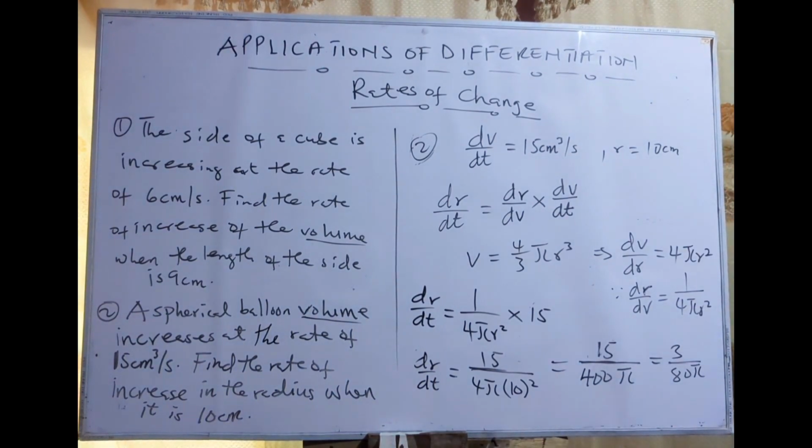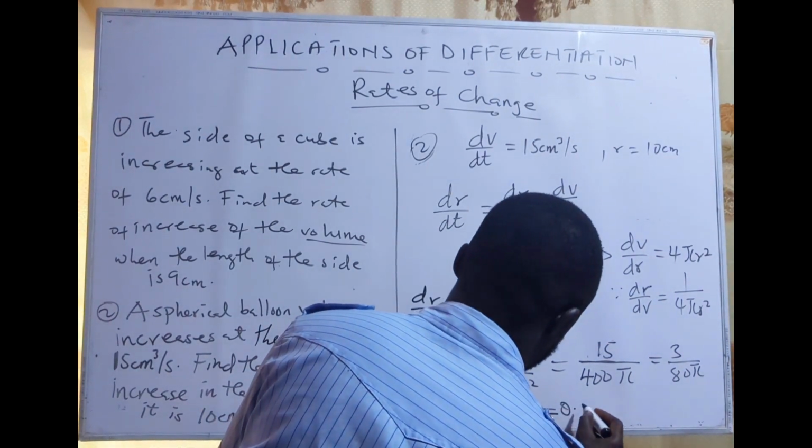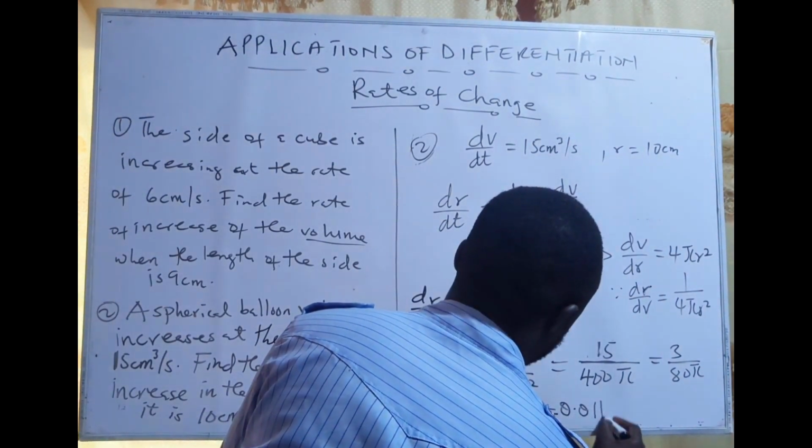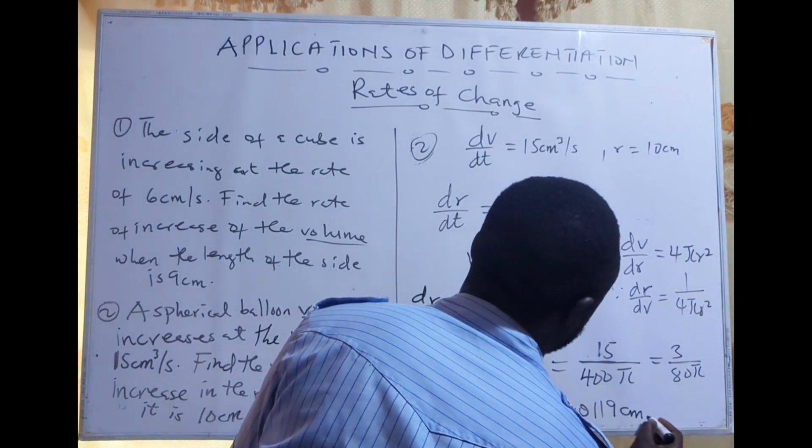If you like, you can substitute the value of pi and then write our answer. If pi is 22 on 7, then we have 3/80 times 22 on 7, and that will give us 0.0119.